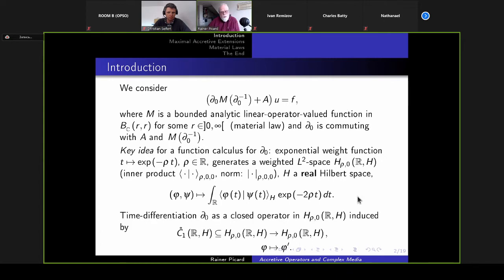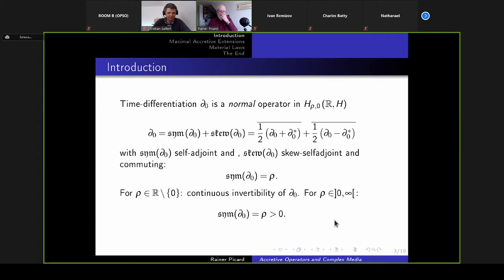Of course, D0 now is nothing but the usual derivative with respect to R, here through the real line. The timeline is all of R, so it's not starting at 0, but it's on the whole real line. And D0 is just the closure of this obvious derivative operator here.